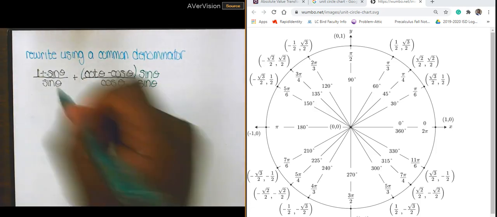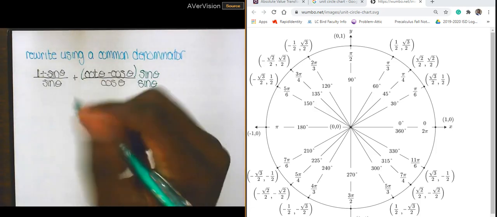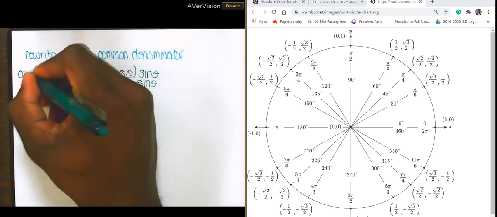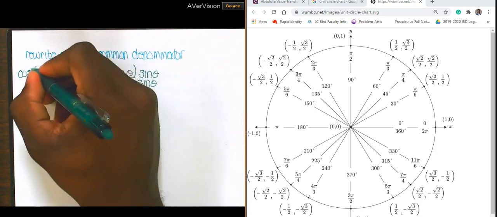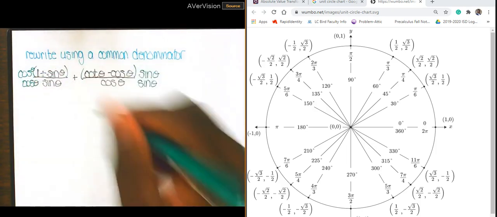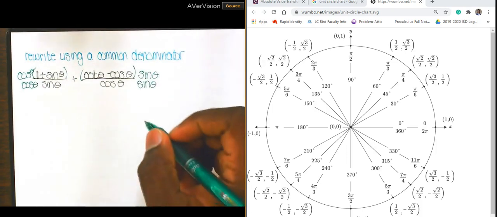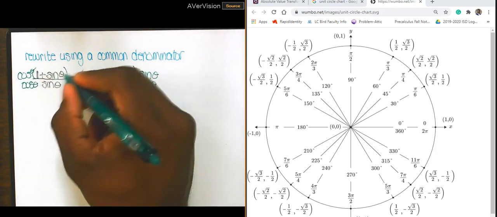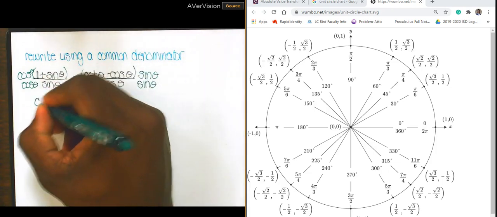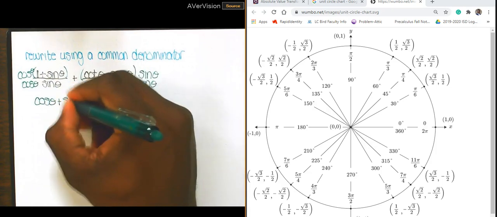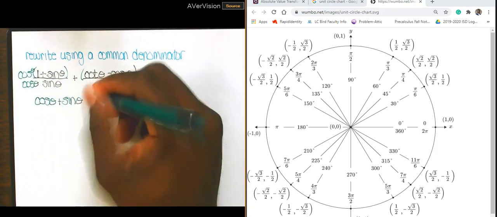And then what about this side? All right. So if we distribute the cosine to this one, we get cosine theta plus sine cosine.